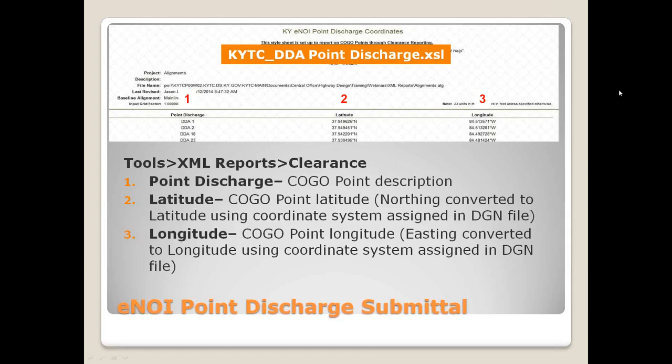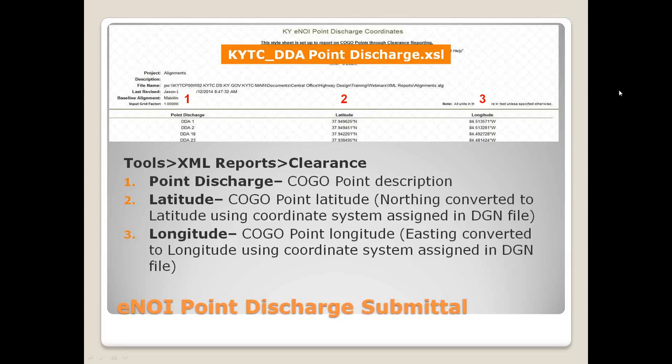So in here we've got point discharges on disturbed drainage areas 1, 2, 18, and 23. So in that point description, I just put in DDA1 or whatever. And then you also have latitude and longitude.